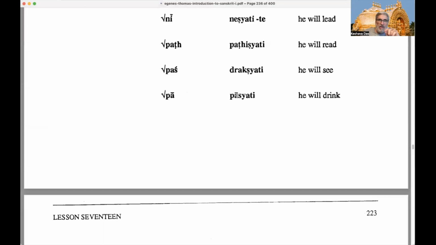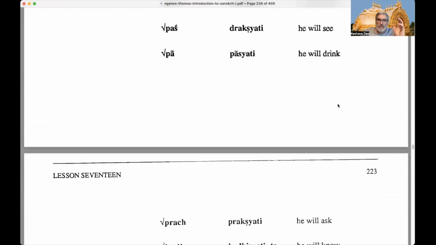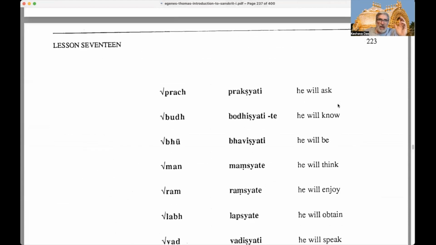The difference here is that when we add the dental sya, that dental s, because the vowel coming before it is a long A, if it's a long A or a short A, then it doesn't change to a cerebral, whereas in two cases above it changed to a cerebral. Here it stays a dental, so we get pashyati.